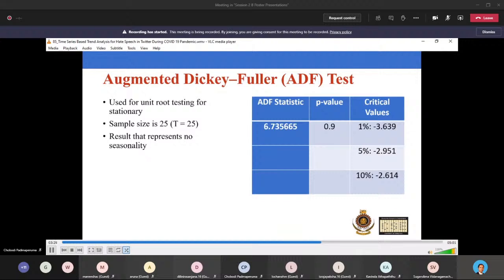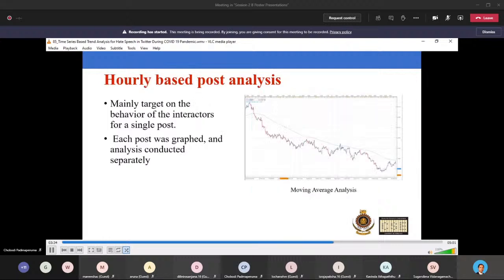Finally, we have identified there is no seasonality throughout the commenting behavior during this COVID-19 period. An hourly based post analysis was conducted to identify the trend line. As a technique, we have used moving average analysis. Finally, the results display a downward trend line in the hate discussions.